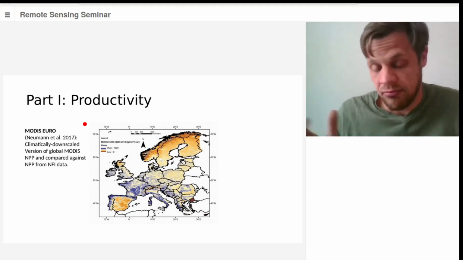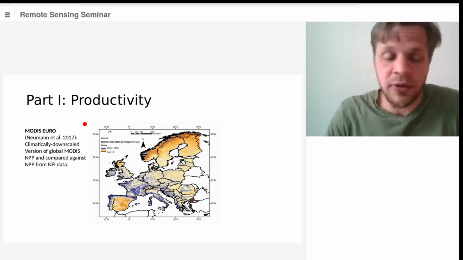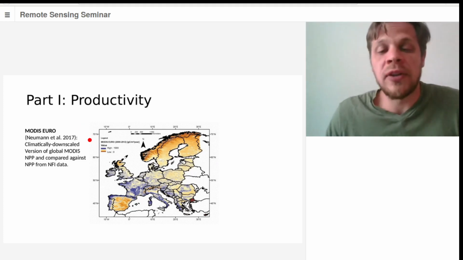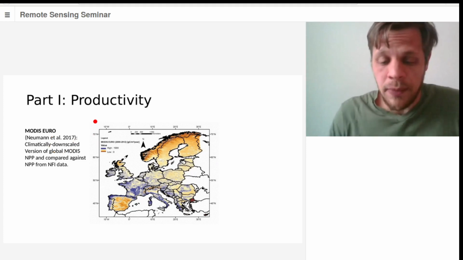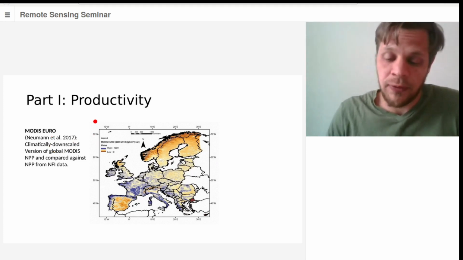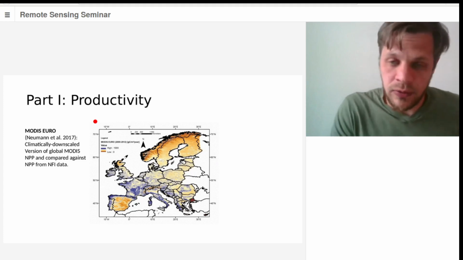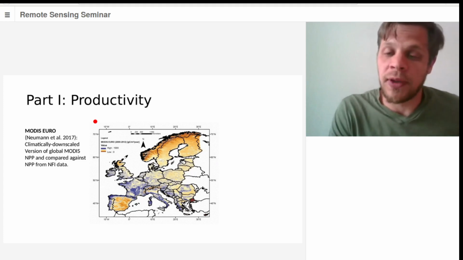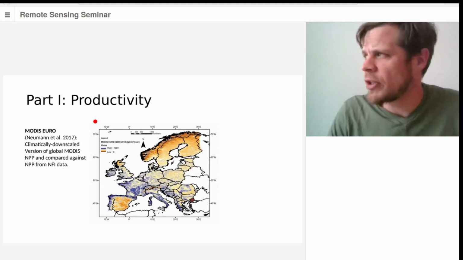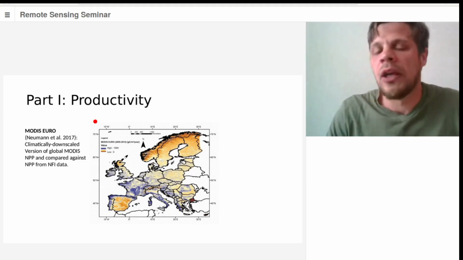Okay, so somehow, if you want, ground truth. And what they found is that the downscaled MODIS product had a smaller deviation from the inventory data than the raw MODIS product. It was like 7% deviation versus 23 on average, which is a lot.